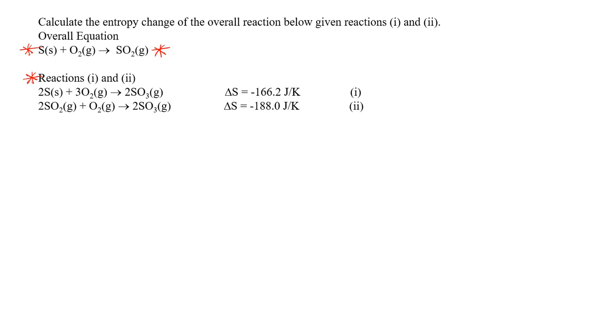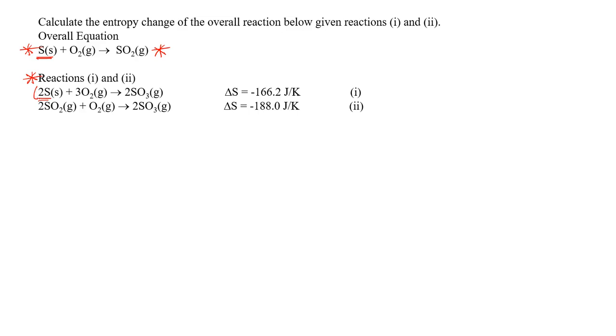As usual, the first thing is to study the overall chemical reaction and look at the species present in it. Here we have 1 S, which is a reactant. But here we have 2 S, which are also reactants. We need to have 1 S here. So how do you obtain 1 S?